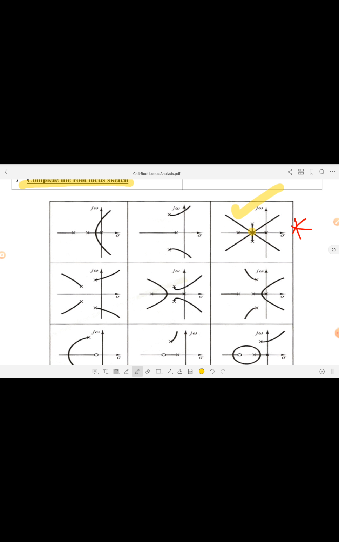So based on the calculations of the angle, our initial angle will be 45 for the angle of departure from the real axis, and the remaining should be equally distributed over 360.